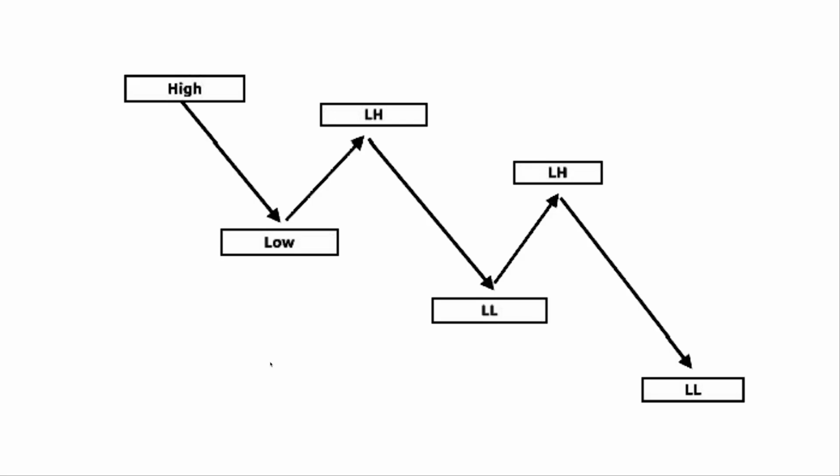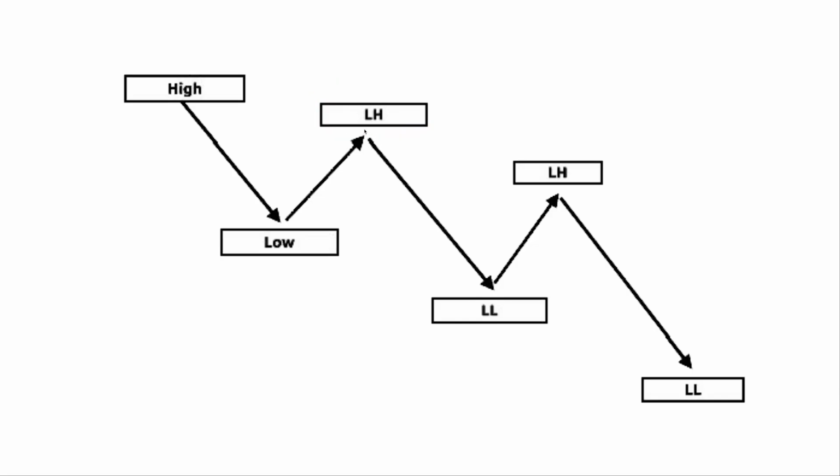Here's an example of what I'm talking about in terms of market structure exhibiting a bearish trend. We have a high, we have a low, we have one swing point, two swing points. Now we have something to judge off of. Our high comes down in price, rebounds as the buyers step in, but fails to take out this swing high, making it a lower high.